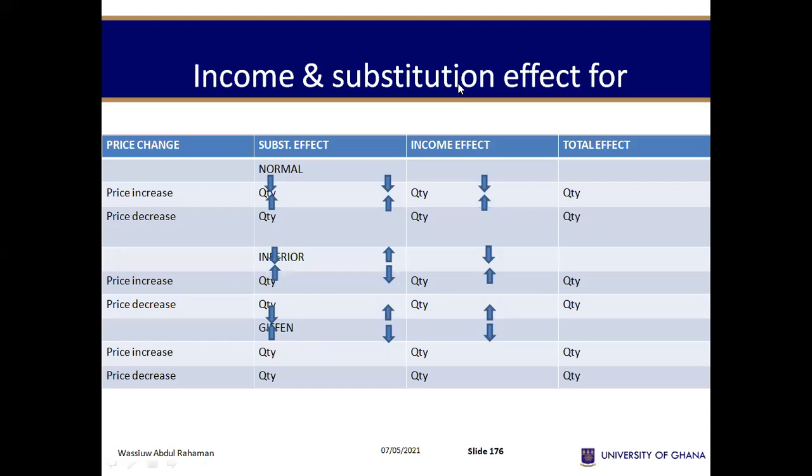And once we are done with that, then we will take a numerical example of how you can find the optimal bundle for a consumer given the budget constraint and also the utility function of the consumer.